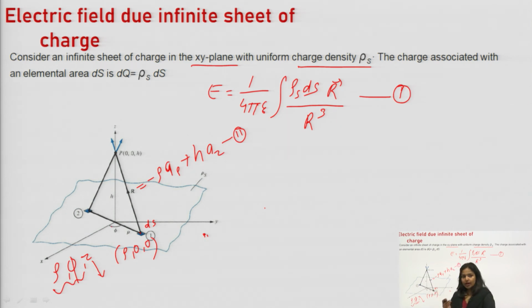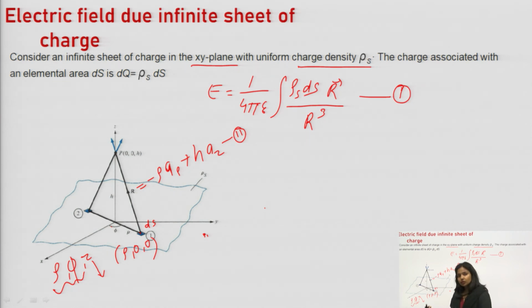For finding any area, we need length into breadth, which means we need two distance quantities. However, here we have only one distance quantity, that is rho. The other quantity is phi, which is not a distance but an angle.